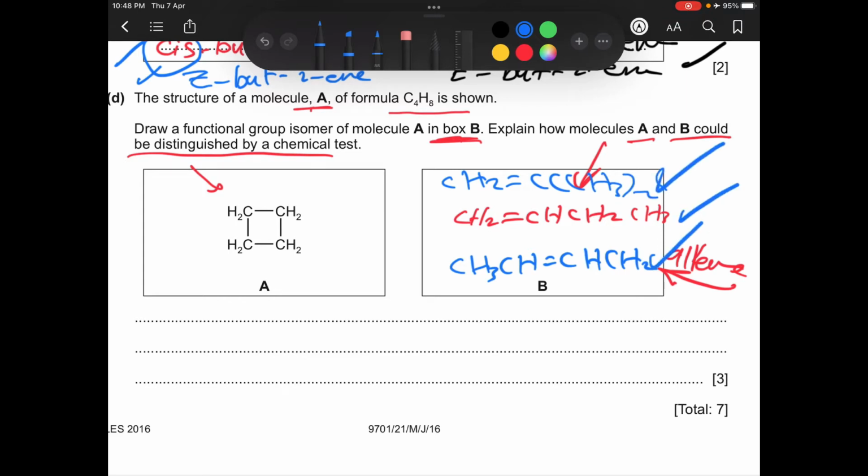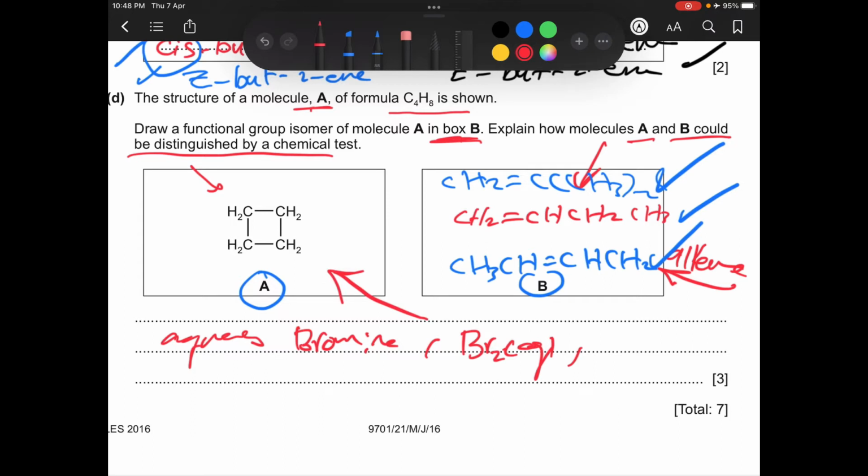Perfect. The question says, how can I distinguish compound A from B? The answer is we will add aqueous bromine, Br2 aqueous. Once you add Br2 aqueous, the observation for cycloalkane will be no change, but for the alkenes you will have an addition reaction.